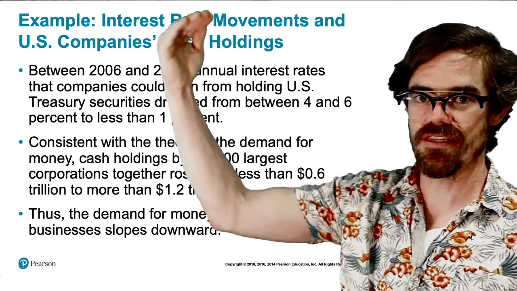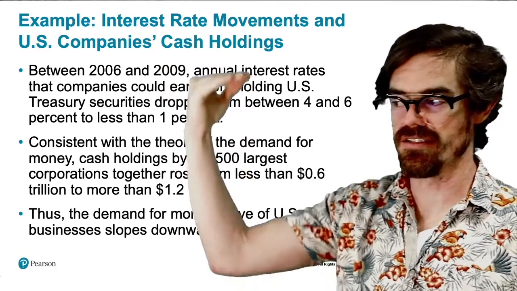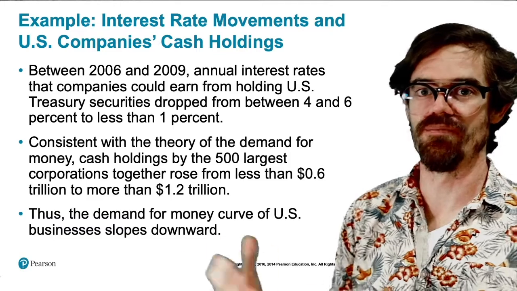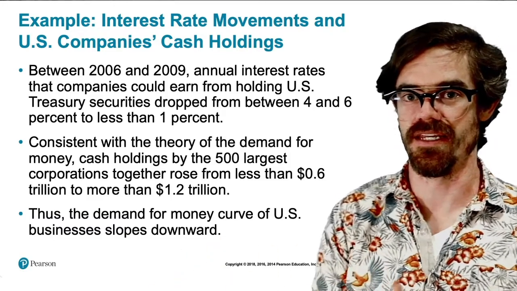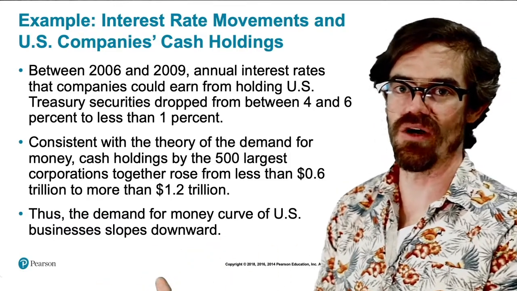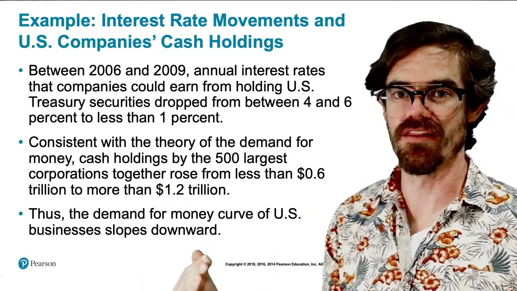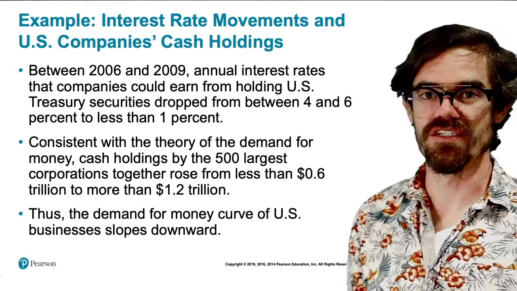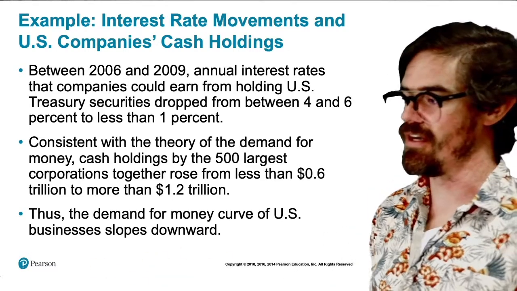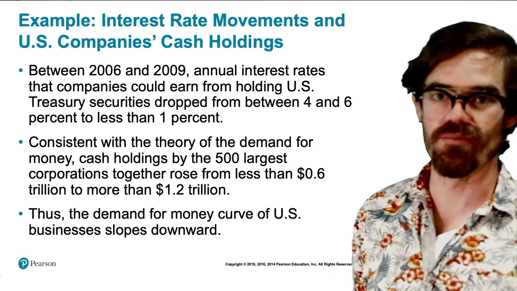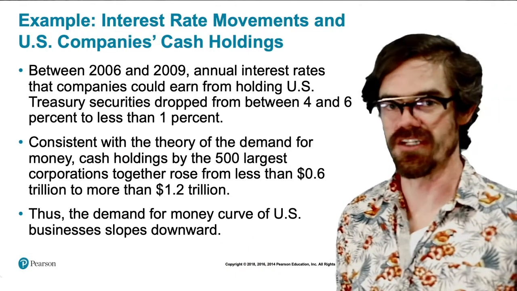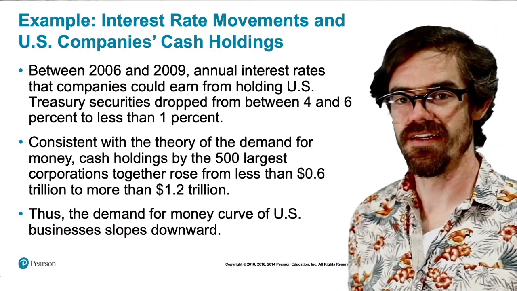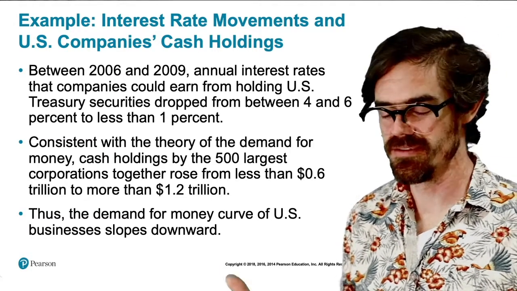As the payment they got for putting money in bonds came down, there was a lower incentive to hold their money in bonds, so they held more of their money in cash rather than bonds, which were paying them less than before the interest rate went down. So we see here in action the fact that the demand for money slopes downward. As the price of lending goes down, the quantity of cash held goes up. So there you go.